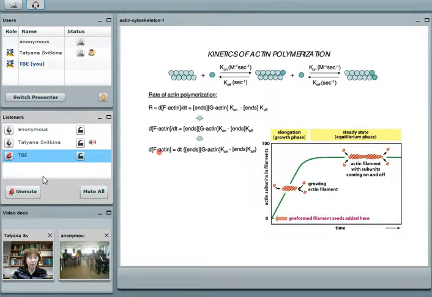So when we monitor this amount of polymer, which is on the y-axis, versus time, which is on the x-axis, we see that it will be proportional to the ends, but we don't change the number of ends. This is as much as we added at the beginning. The amount of G-actin initially doesn't change much.